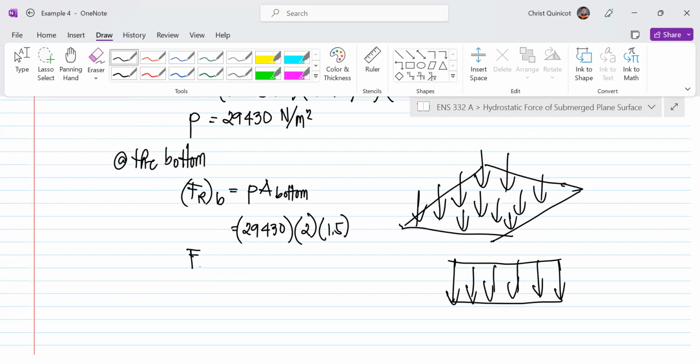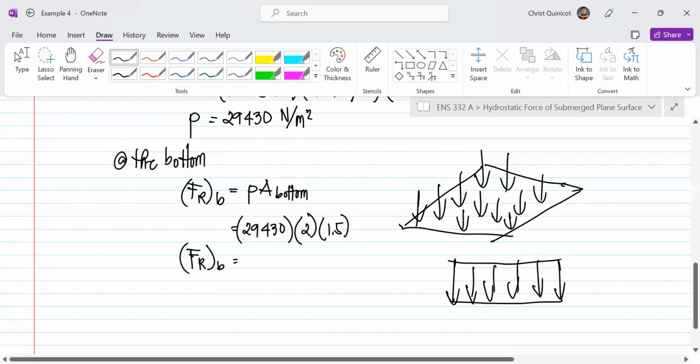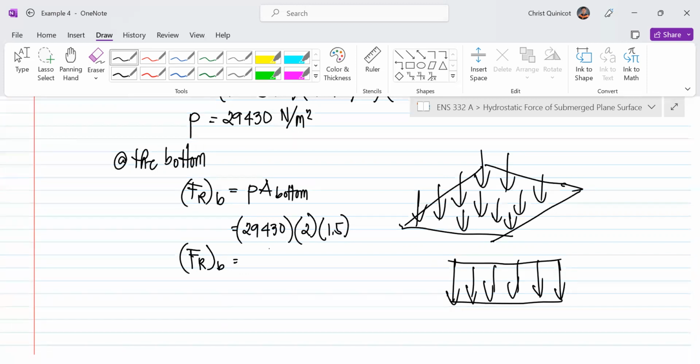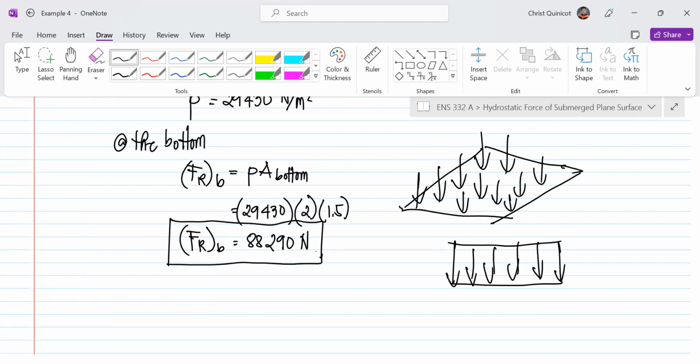So our F sub R at the bottom is equal to 29,430 times 2 times 1.5, and that is 88,290 Newton. This is the resultant force that our fluid exerts at the bottom.